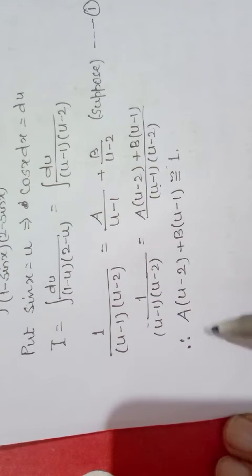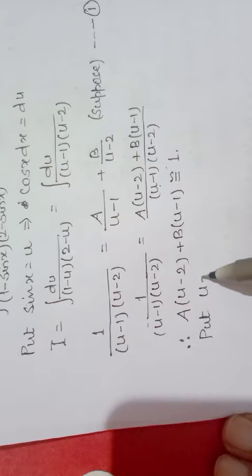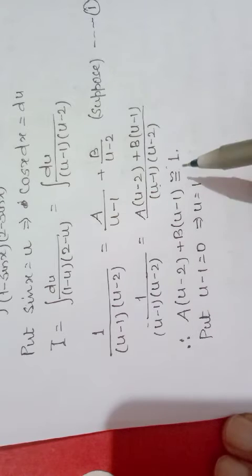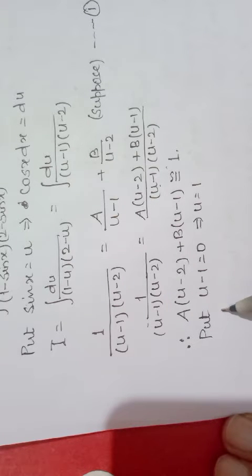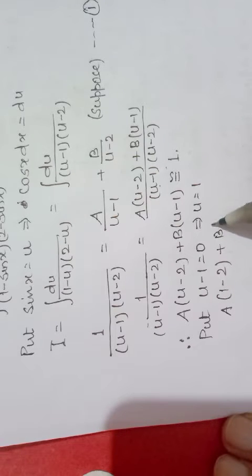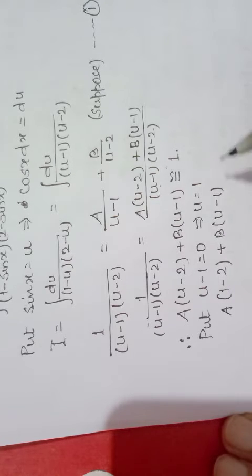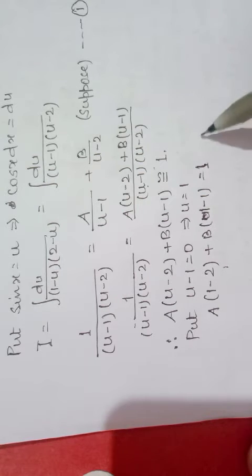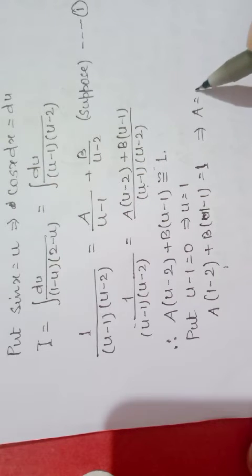Now put u minus 1 is equal to 0, means u is equal to 1. Then in this equation, A into (1 minus 2) plus B into (1 minus 1) equal to 1, and this becomes 0, this is minus 1, therefore A is equal to minus 1.